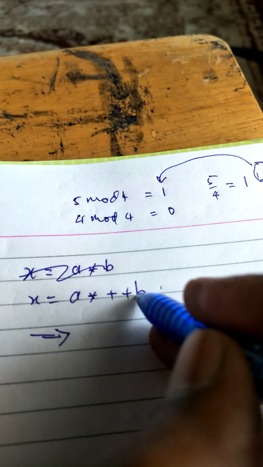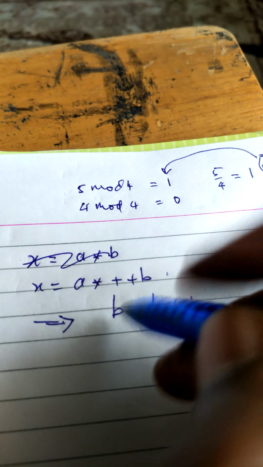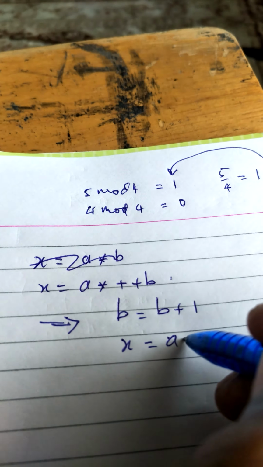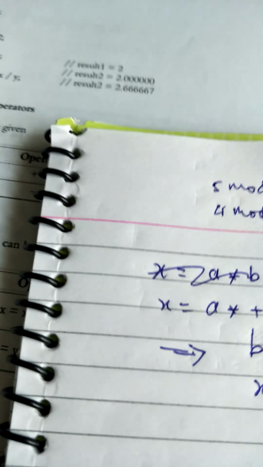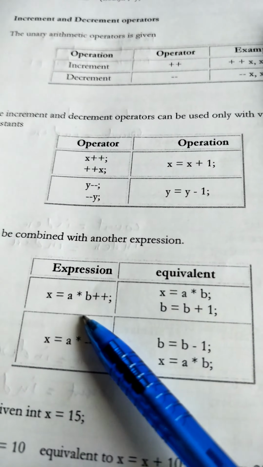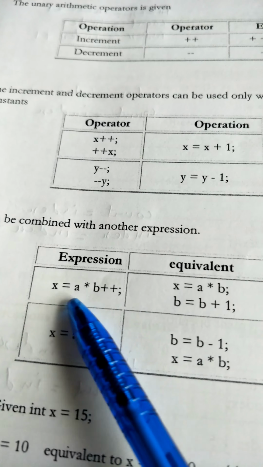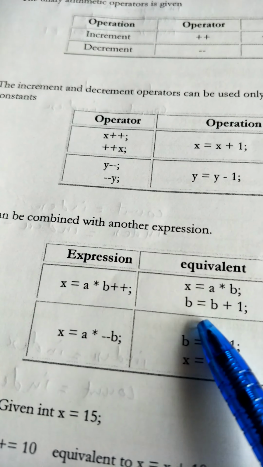Okay, we add to b first, b plus 1, then x equals a times b. So you can see the difference between these two. In this one, we have x equal to a times b++, which means we do the process a times b first, and then we increase b.